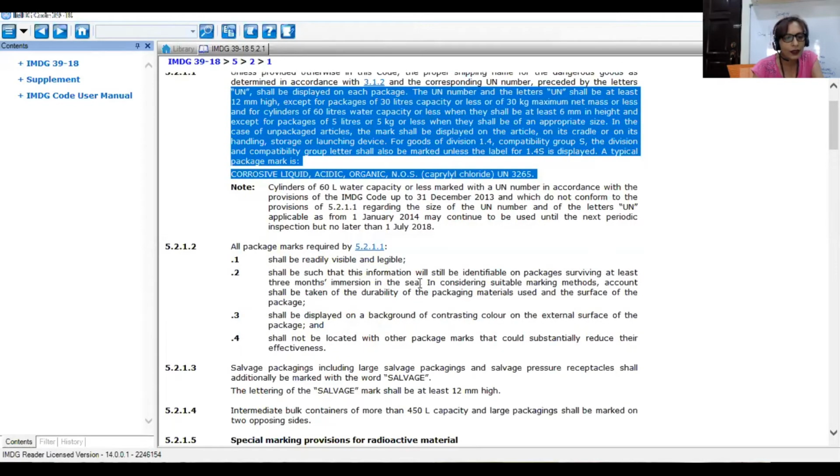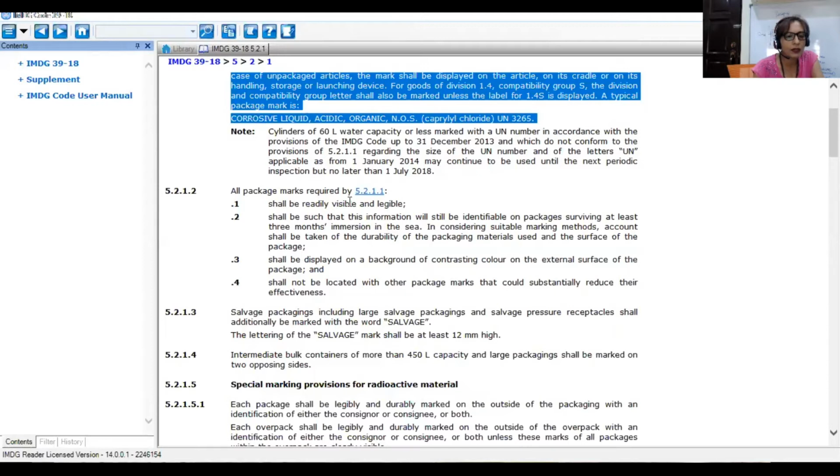Then they tell you all package marks required shall be readily visible, legible, and such that the information can be identified on the package after surviving 3 months immersion in sea. They shall be displayed on a background of contrasting color, and shall not be located with other package marks that could substantially reduce their effectiveness.